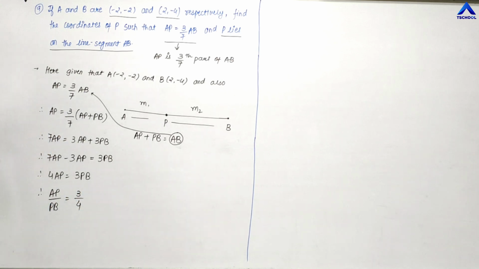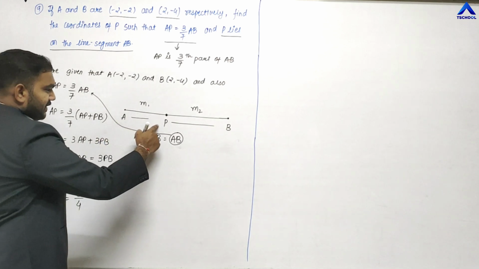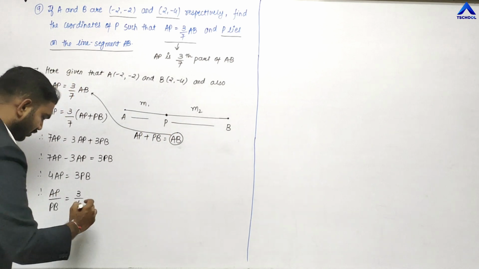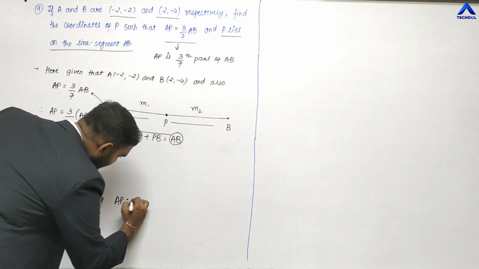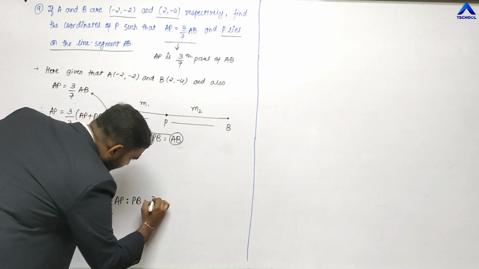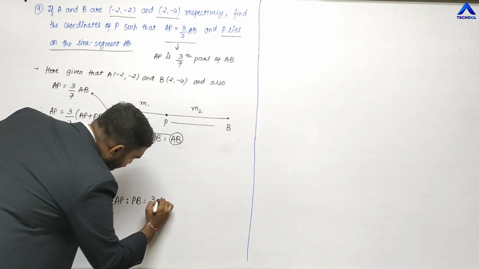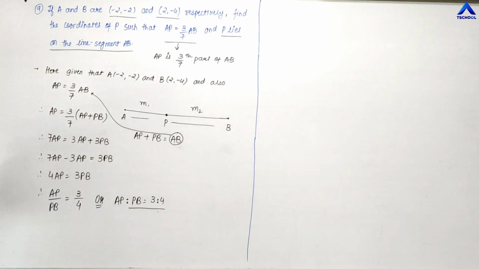So friends, you can clearly see that now we have got AP upon PB, that means AP is to PB, or you can also write it as AP is to PB is equal to 3 is to 4. Yes or no? AP is to PB is equal to 3 is to 4.